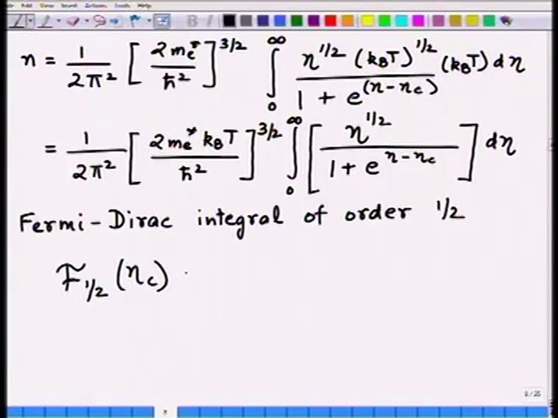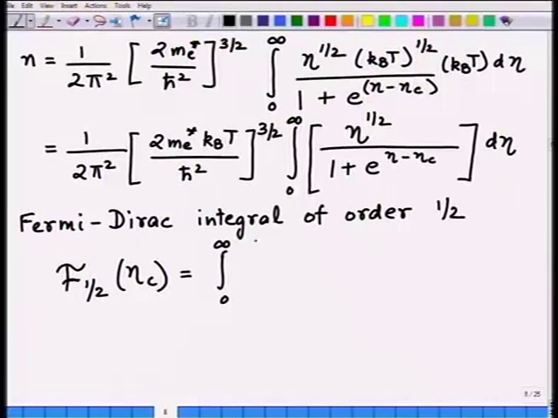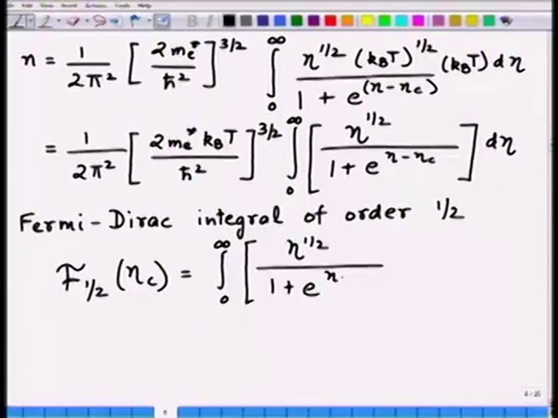In this case, eta c is just the parameter in there, being the quantity equal to 0 to infinity eta to power half divided by 1 plus e to power eta.